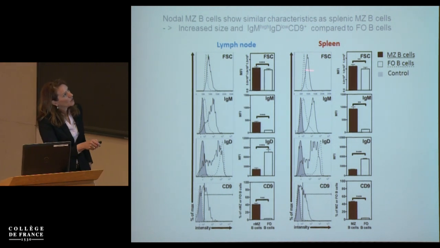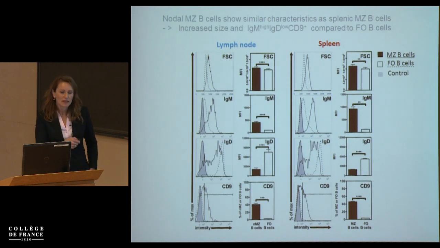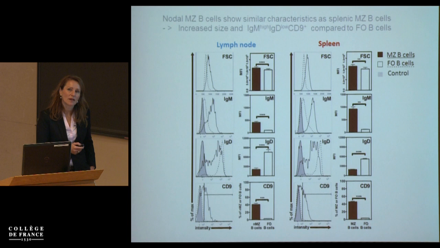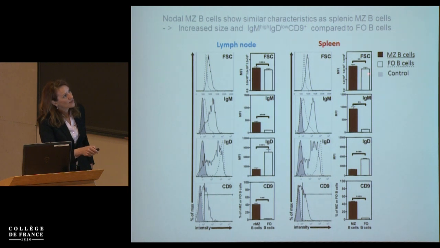We used forward side scatter, a size measurement, and it's known that marginal zone B cells are a little bit larger than follicular B cells, and that we could see in these nodal cells, in comparison with the spleen.